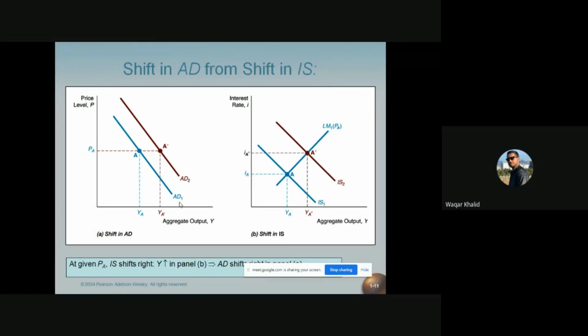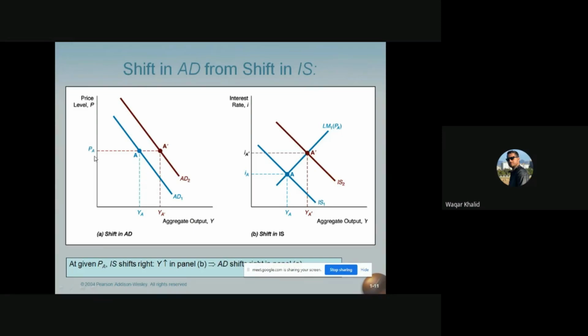I mean to say that if there is a rise in government spending, how will this affect aggregate demand? So look at panel B, at what happens to the equilibrium output holding the price level constant at PA. Suppose the price level is fixed at PA.